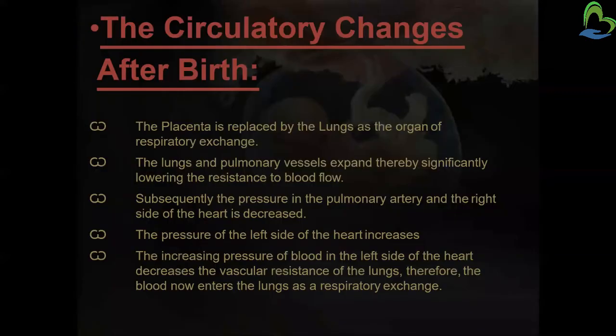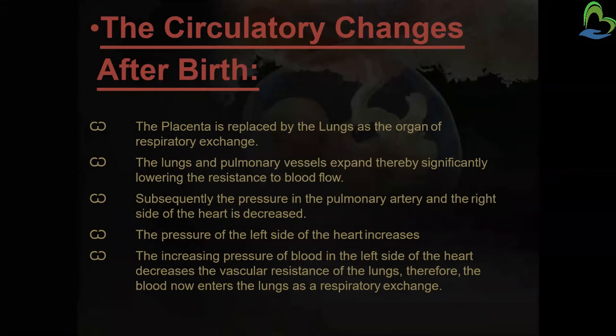Okay, now what kind of changes occur at birth in the circulatory system? In the fetal body, all 5 of these structures are included, but after the birth of the baby, at some age, these structures are closed. So the circulatory changes occur after birth.